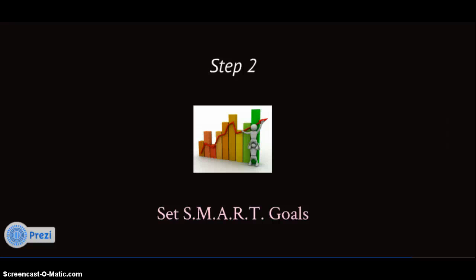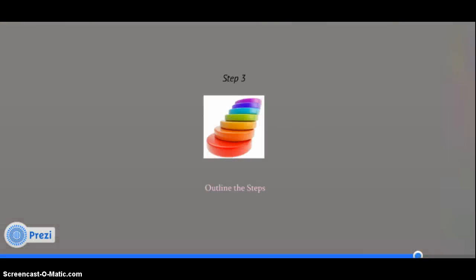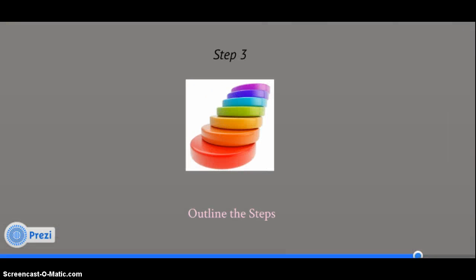They must be specific, measurable, attainable, results-oriented, and have a target due date. Step 3 is outline the steps. They must be specific and they must be arranged in sequence. Remember to be mindful of budget for time and resources.